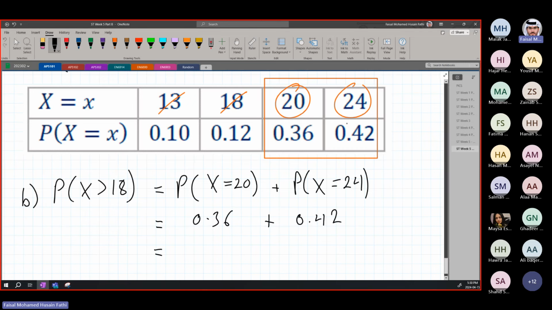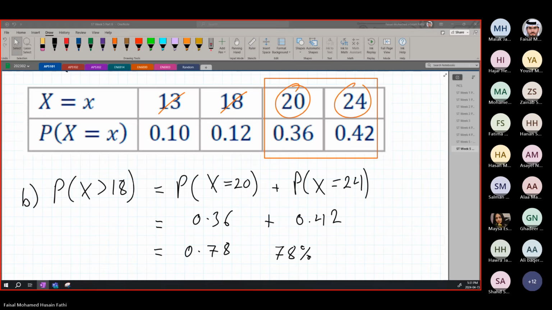So it is equal to 0.78, or 78%. This is our chance or probability of this occurring, of x being greater than 18. Okay. Moving on to the next question.